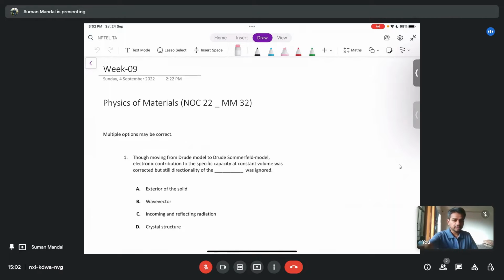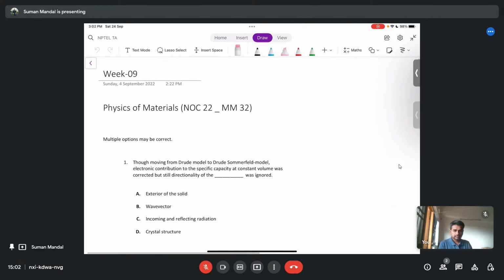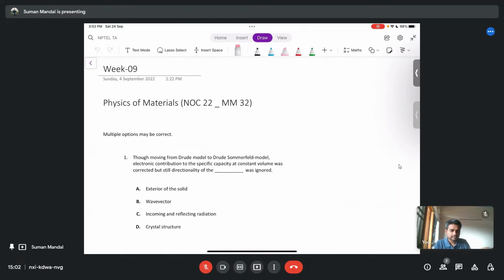This is the week 9th of our classes. In our last class, we discussed quantum mechanics, and this time we will be discussing reciprocal lattices.